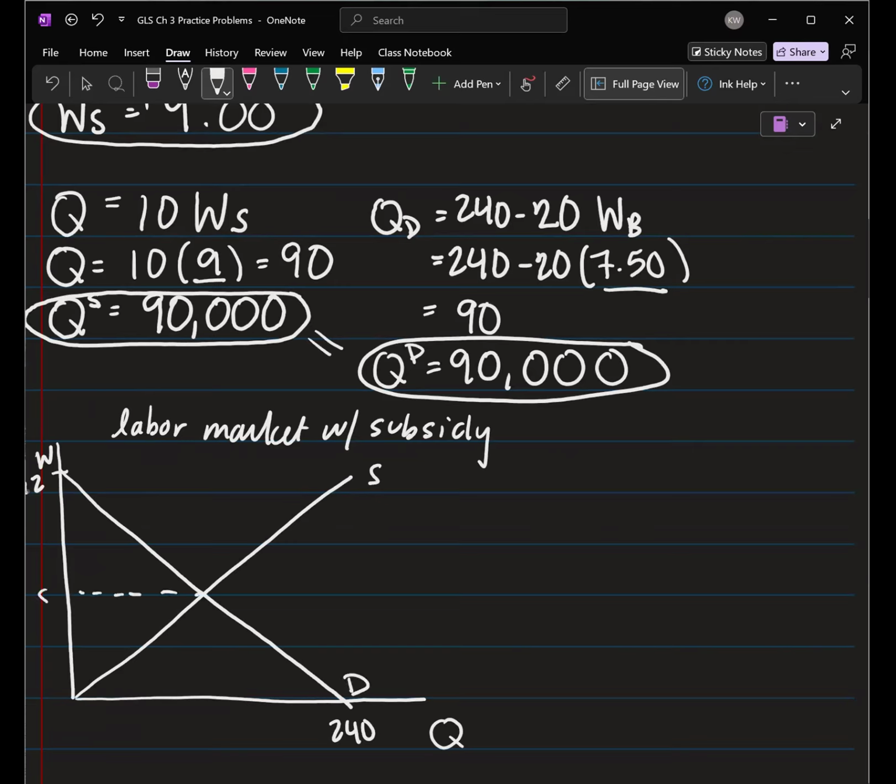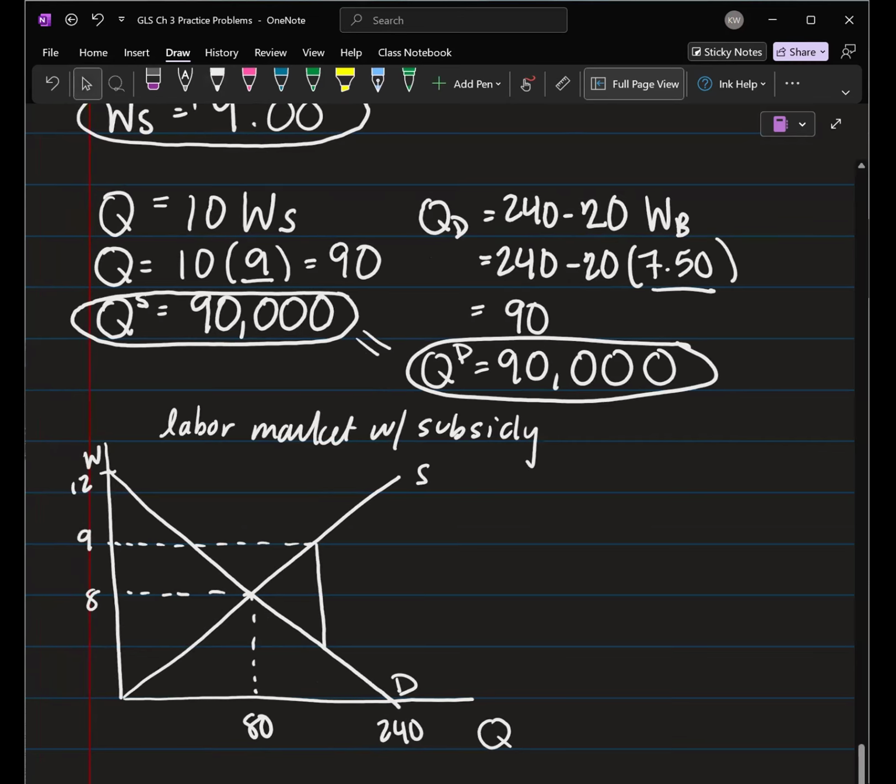Remember, in equilibrium, the price of labor was $8 and the quantity traded was 80,000. And with our subsidy now, the wage that sellers receive is $9 and the wage that buyers pay is $7.50. And so we can see that with that subsidy, we have an increased amount of labor hired at a higher wage.